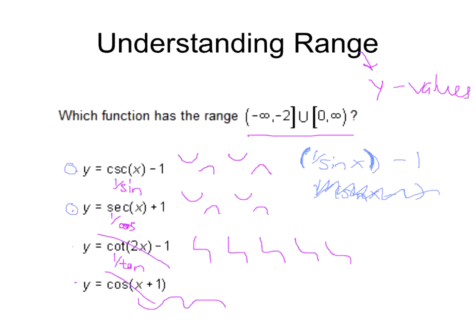Go ahead and press pause, and when you are ready, you can press resume to find the correct answer. And the correct answer is the top one, cosecant x minus 1. The bottom one, y equals secant x, actually touches at 0. So that one doesn't work.